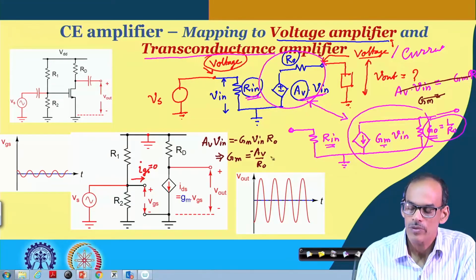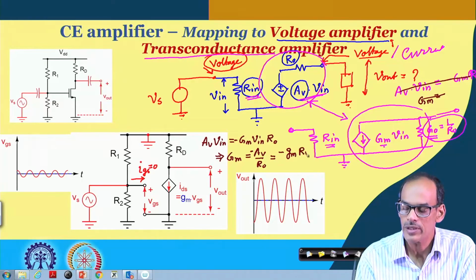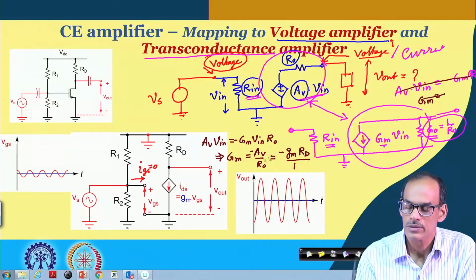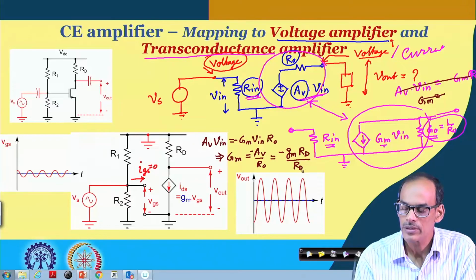And what we have seen is that A V is minus G m into R d, and R O was R d. So, we have one minus sign here, and then one more minus sign here.